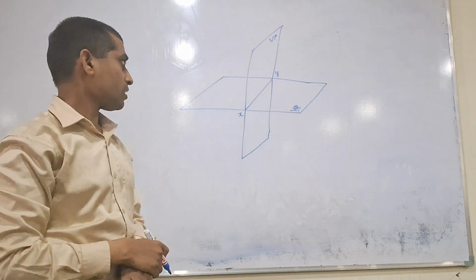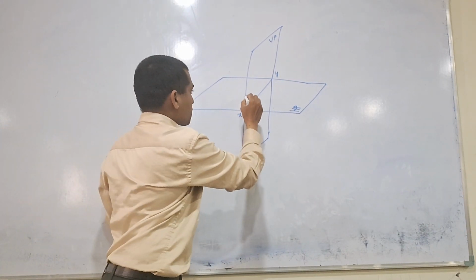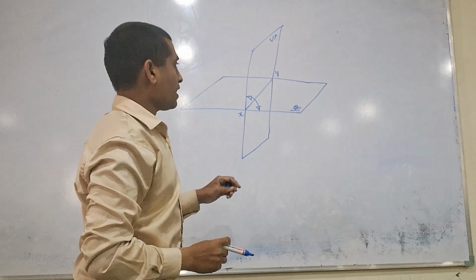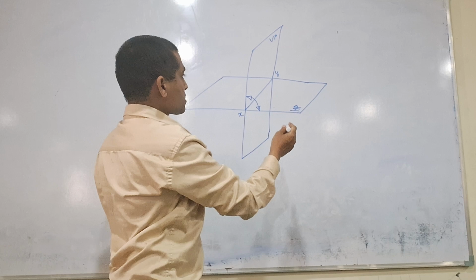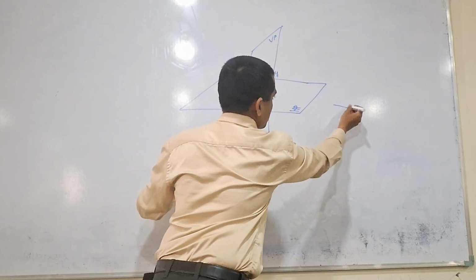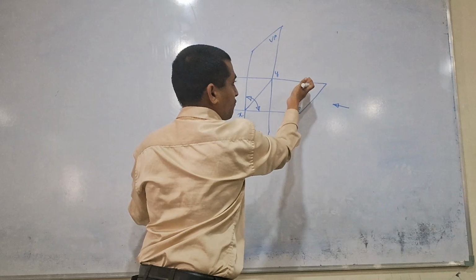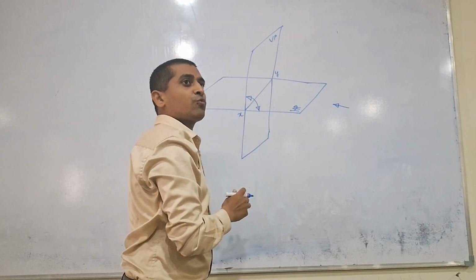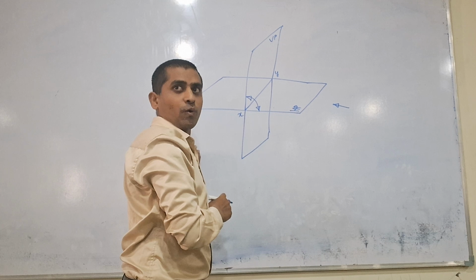Now this space, in front of VP and above HP, if the observer is here, this space we call the first quadrant. What do you call it? First quadrant.